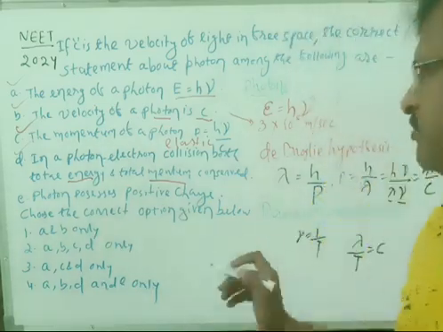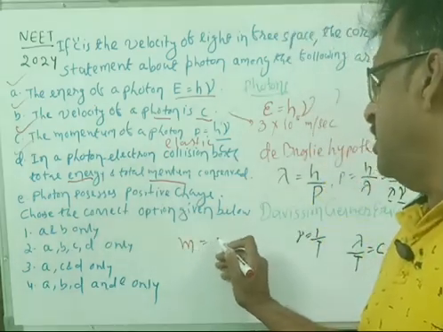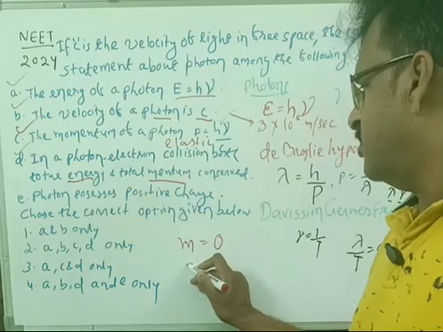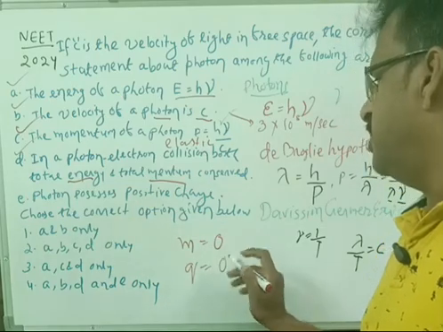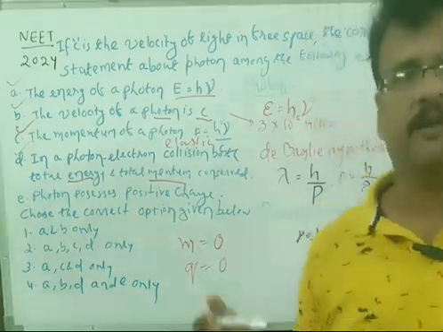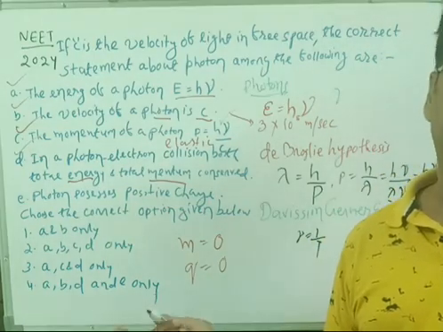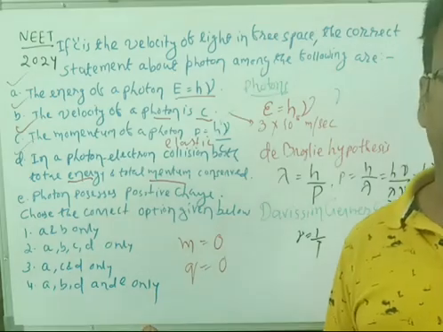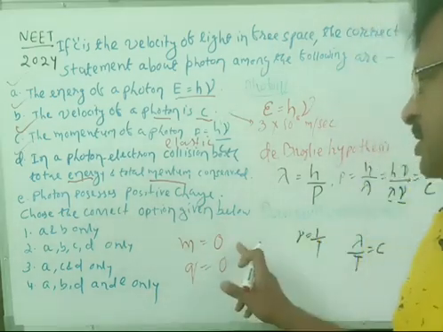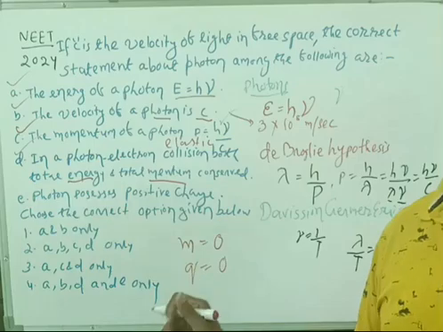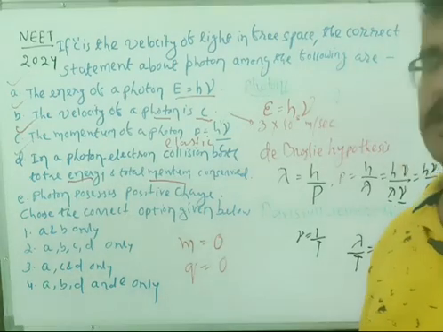But we know the mass of every photon is zero, and also the charge on every photon is zero, which is a chargeless and massless quantity. Of course, the mass is very small, negligible. That's why it is considered zero.